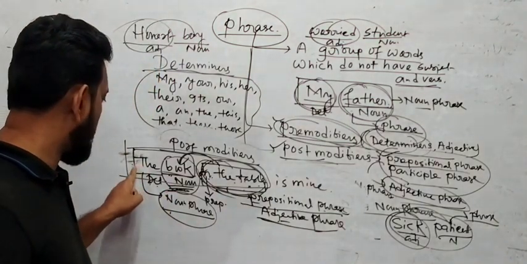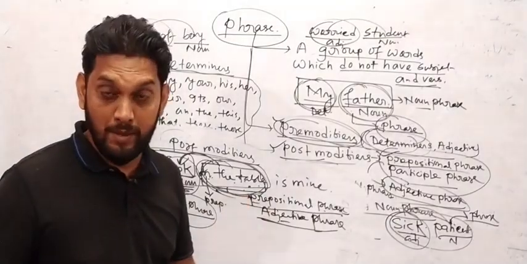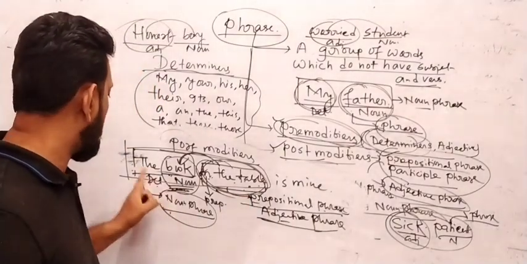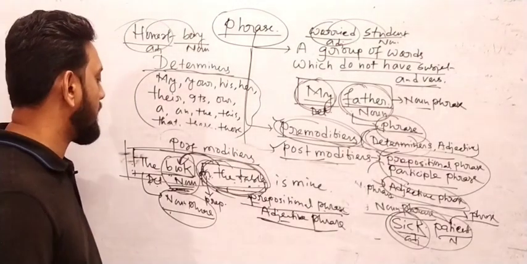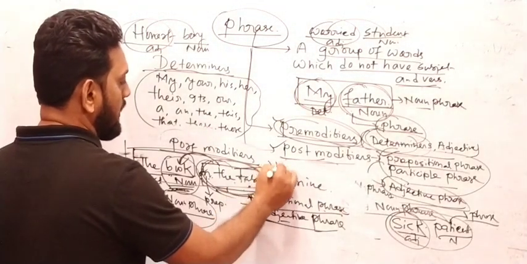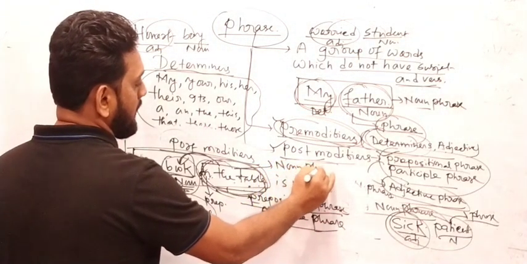Very good. Now from the to table, there is no subject and verb. If there is no subject and verb, we can call it a noun phrase.